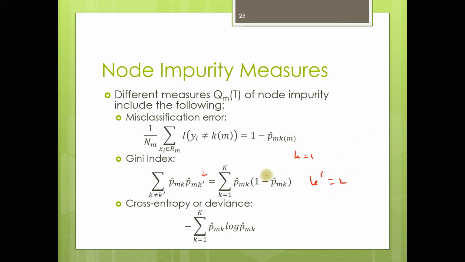So what the principle is saying is that you need to sum p cap mk multiplied by p cap mk dash. So it's like saying, let's suppose we are talking region 1, p cap 1,1 times p cap 1,2. That is the idea behind.